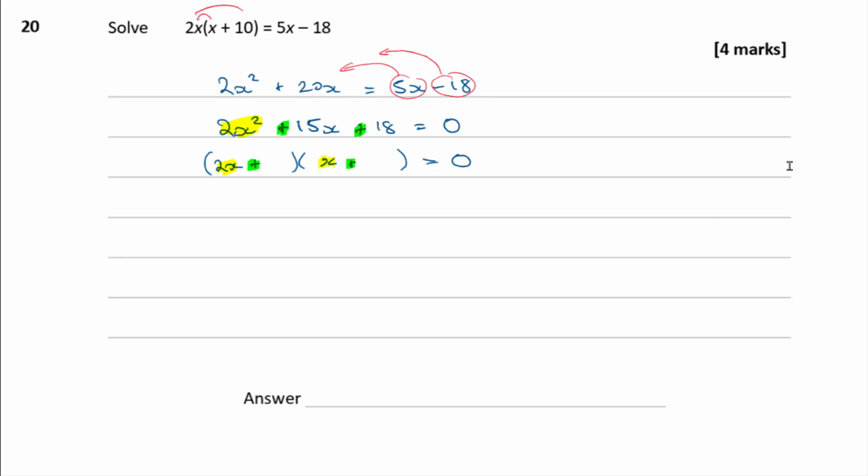And at the end, I'm going to have two numbers that multiply together to give me that 18, don't they? So what are the factor pairs of 18? It could be 1 and 18, could be 2 and 9, could be 3 and 6. Is that it? 4 is not a factor, 5 is not a factor. It's going to be one of those pairs.